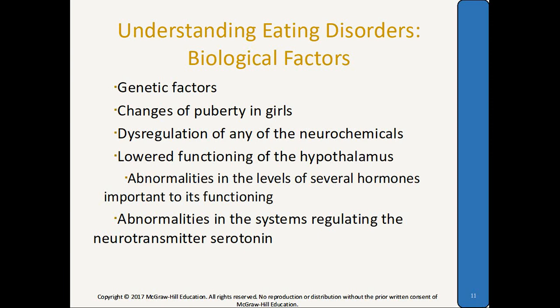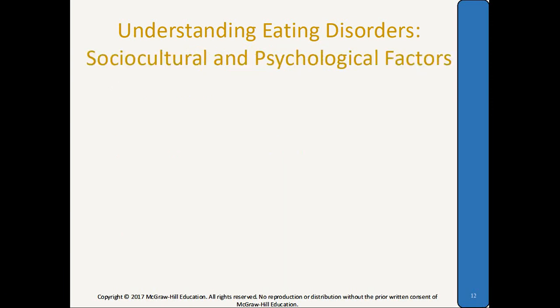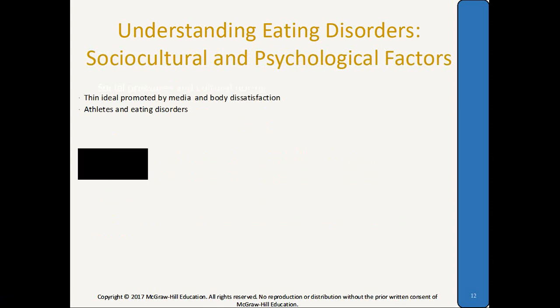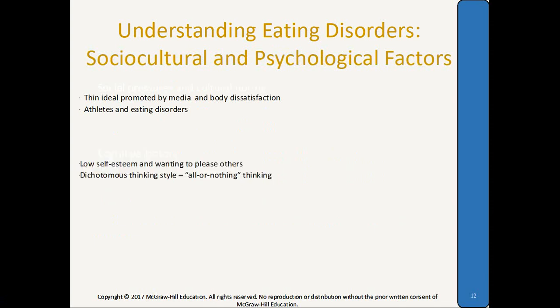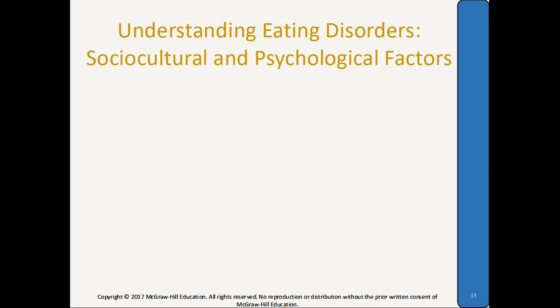So a dysregulation in that brain structure could lead to irregular patterns of appetite and hunger. We also see abnormalities in several hormonal levels, including some of the neurotransmitter systems of serotonin.